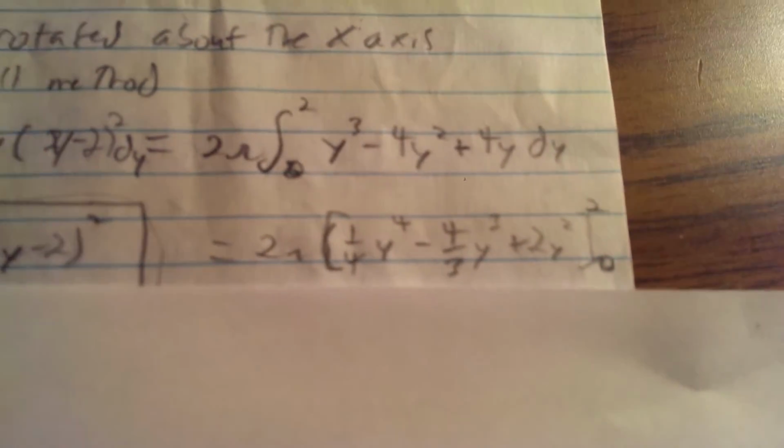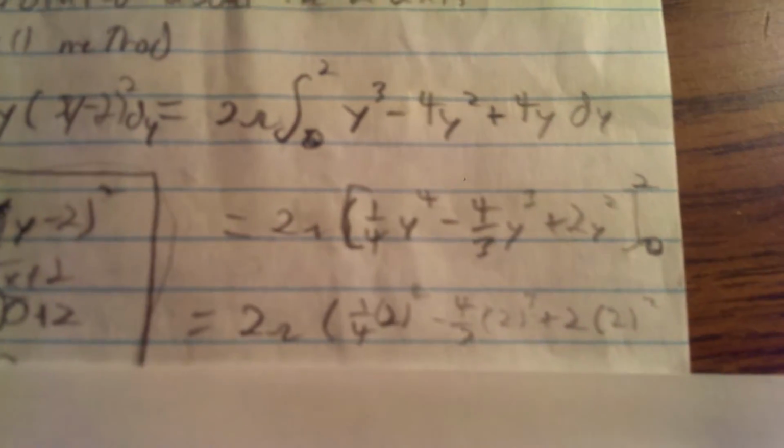You take the integral of each part and evaluate from 0 to 2. So you plug in 2, and then you subtract plugging in 0, but when you plug in 0, all of these become 0, so it's really just minus 0, which is just this.